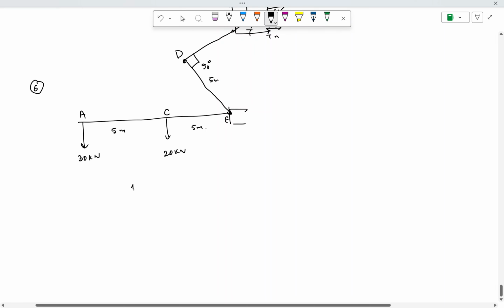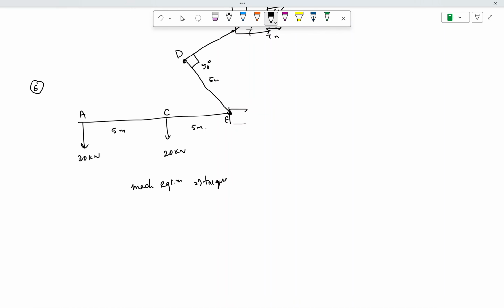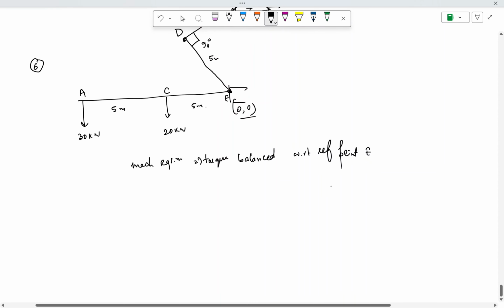So by mechanical equilibrium, it means the torque is balanced with respect to the reference point chosen at E, which we choose as our origin.